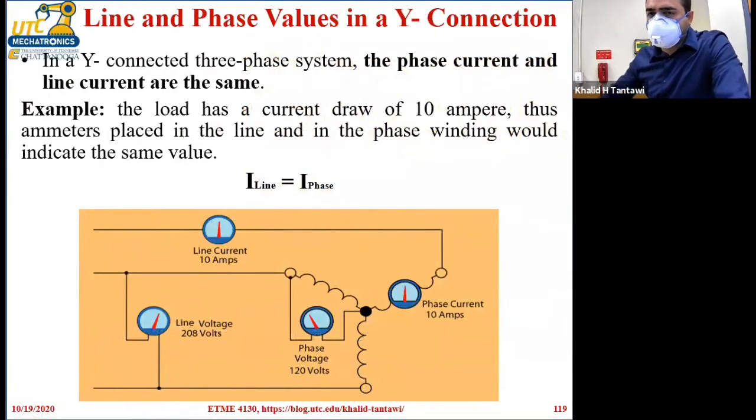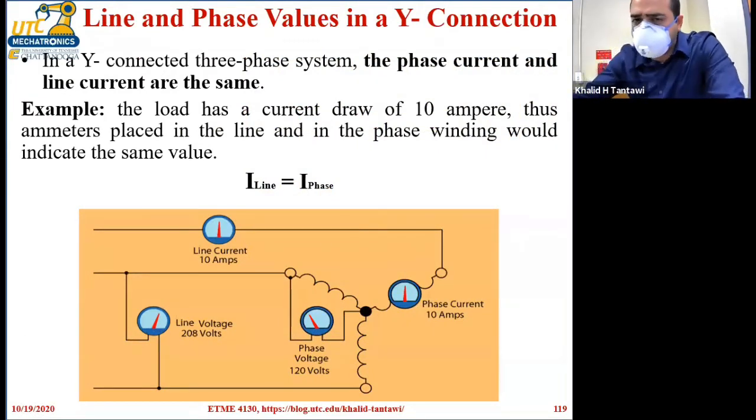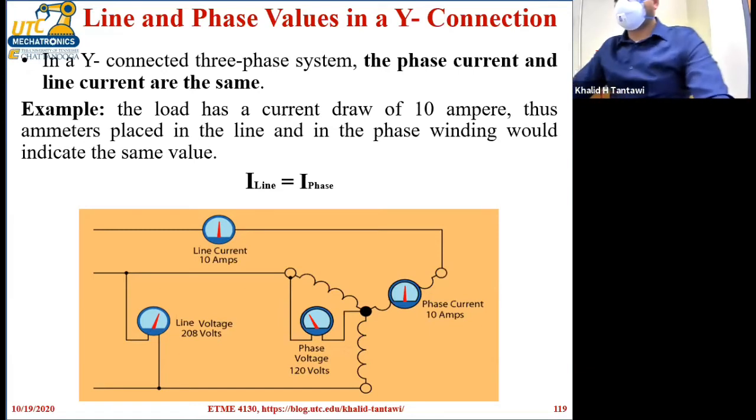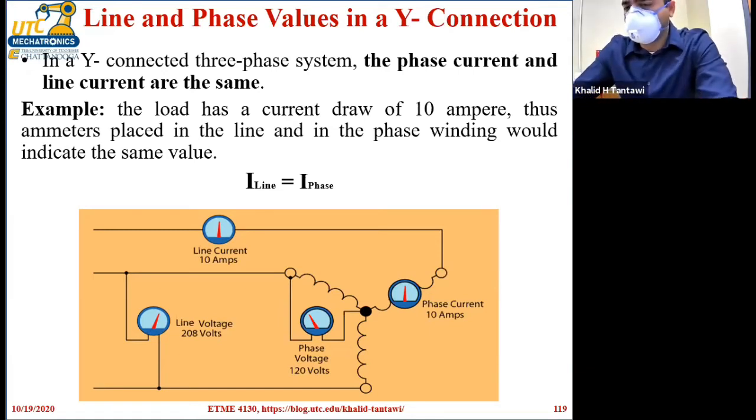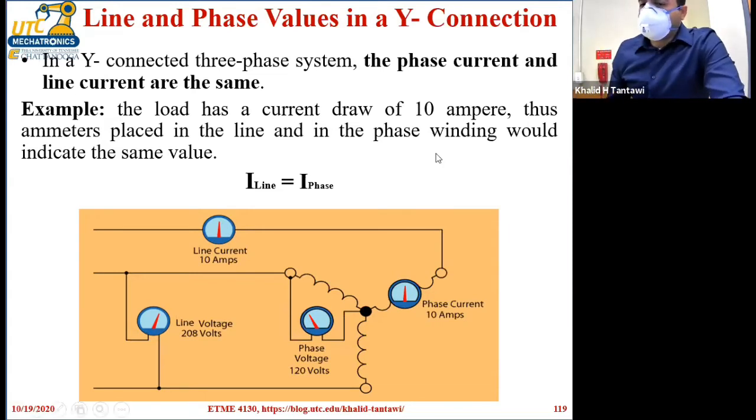I think we should take an example. We're going to take an example in a minute, but let me just show you all the differences first. Now, for a Y, the story is different. In a Y connection, the line current is equal to the phase current. Why?